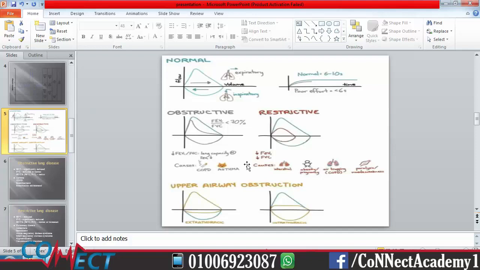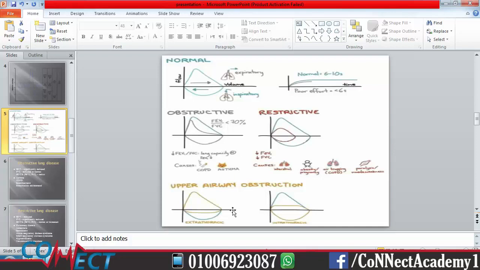So in obstructive pattern, the forced expiratory volume in the first second will be affected, and it will be less than 70%, and this occurs with COPD and bronchial asthma, also bronchiolitis obliterans, which is a common complication in rheumatoid arthritis and systemic lupus erythematosus.